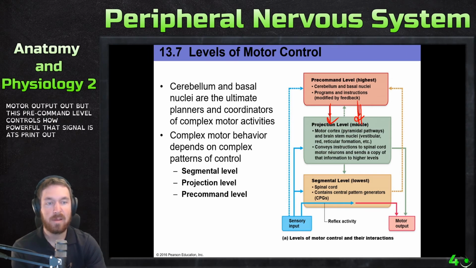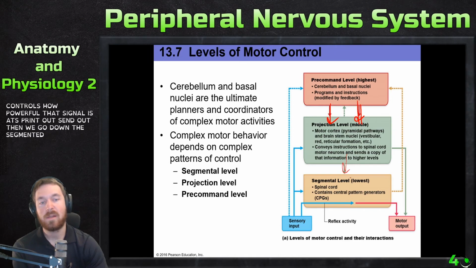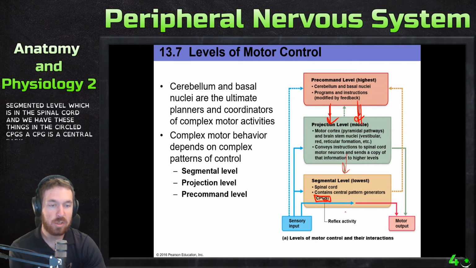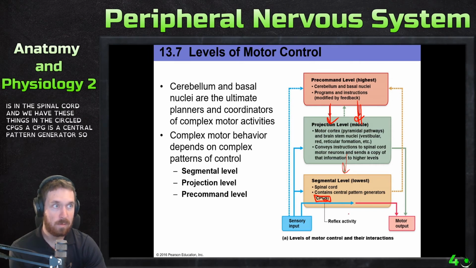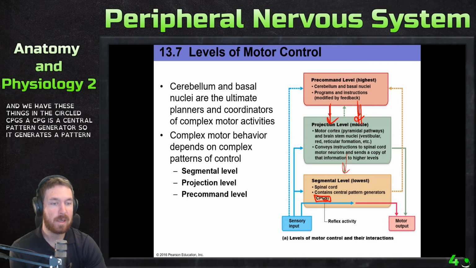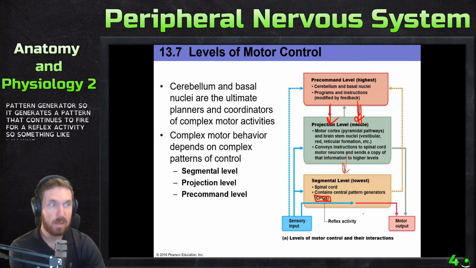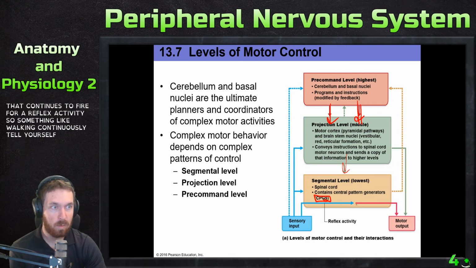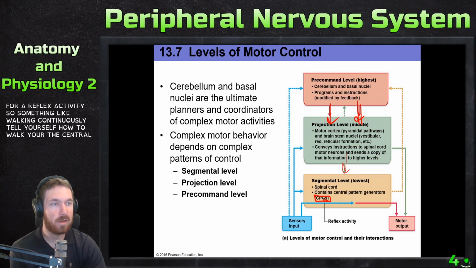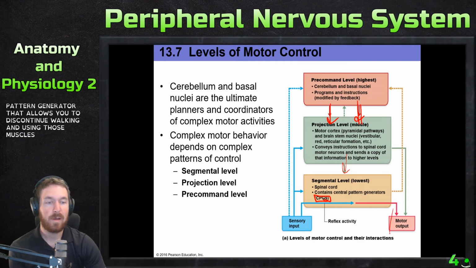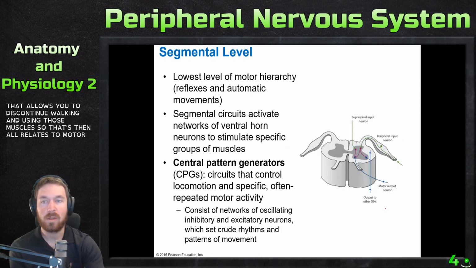Then we go down to the segmental level, which is in the spinal cord, and we have things in there called CPGs. A CPG is a central pattern generator. It generates a pattern that continues to fire for a reflex activity. So with something like walking, you don't have to continuously tell yourself how to walk. The central pattern generator allows you to just continue walking and using those muscles. So that all relates to motor output.